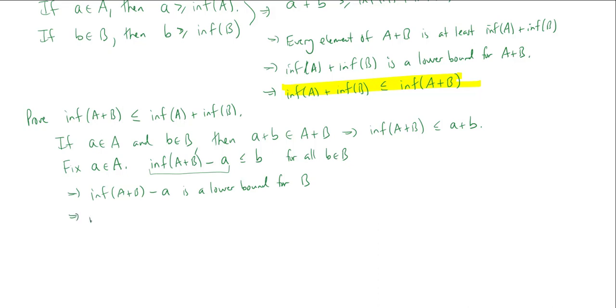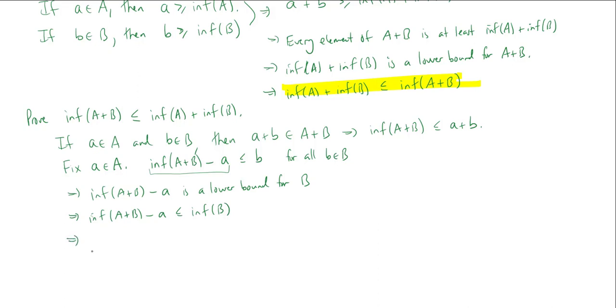And so this implies that the infimum of A plus B minus little a is less than or equal to the infimum of B, because the infimum of B, again, is the greatest of all lower bounds. And this was true for any a we picked. We fixed one of them, but this is always going to be true.